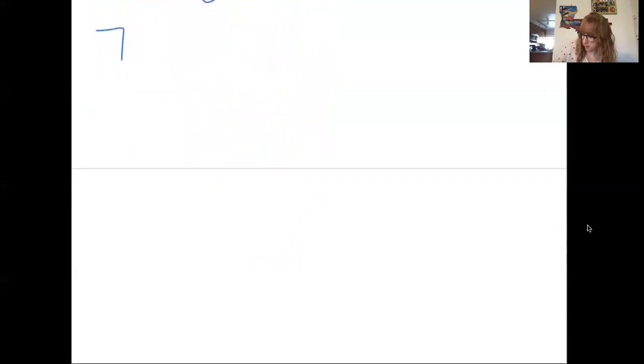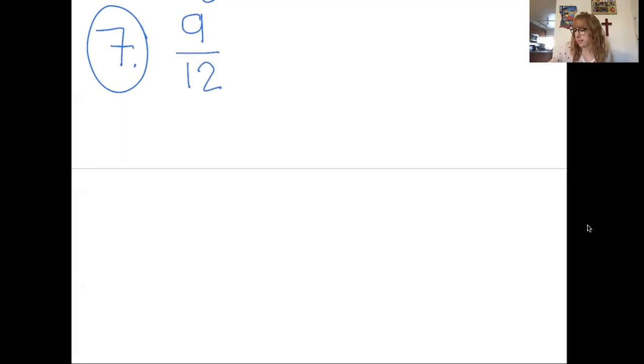Now, for 7, we're looking to simplify the fractions. So remember, when we simplify, we want to make it as small as possible. So when we have 9/12, we want to find a number that we can divide both the numerator and the denominator by. And 9 and 12 are both divisible by 3.